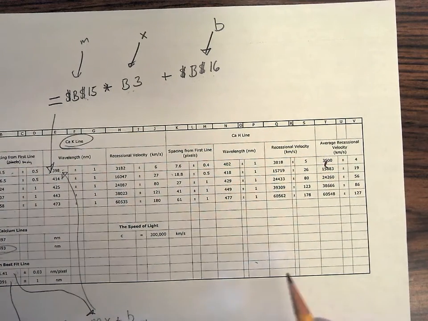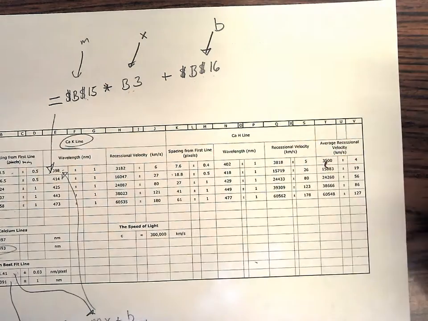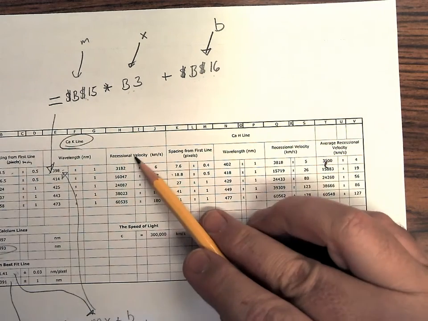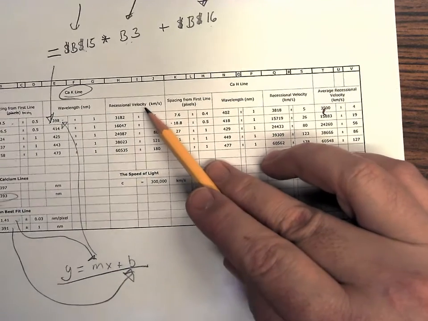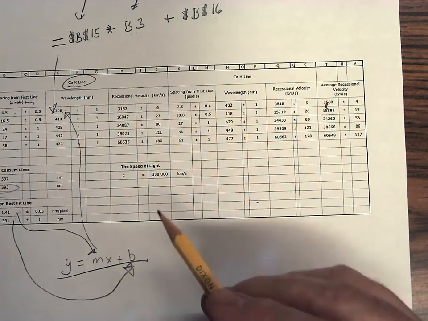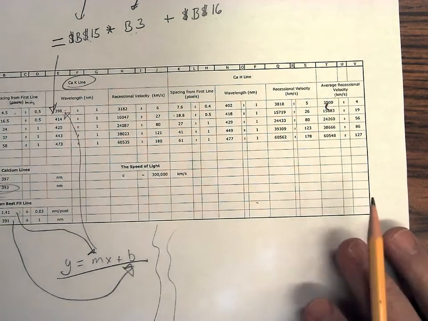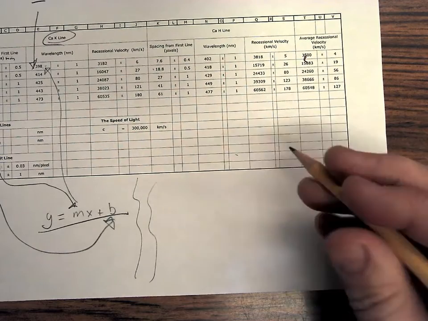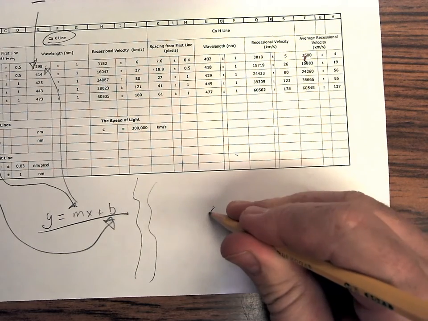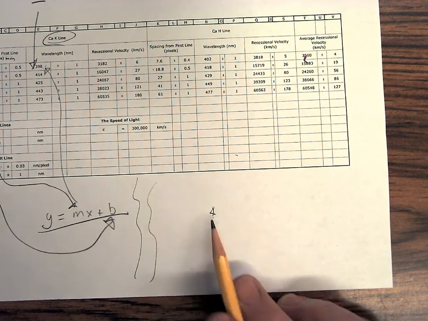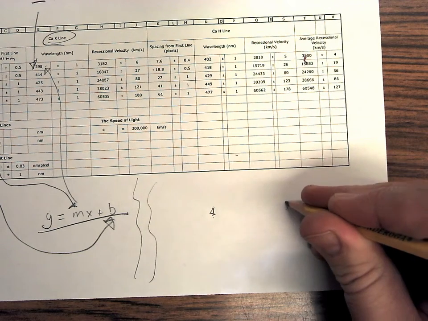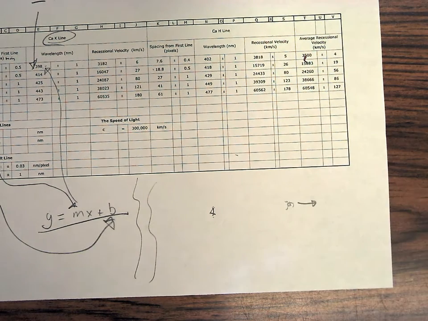Now the next thing I calculate from the calcium K line is the recessional velocity, meaning how fast is it moving away from us. And now, as we discussed in the other video, if you're moving away from the source, so here is the telescope, here is the galaxy, and it's moving that way.